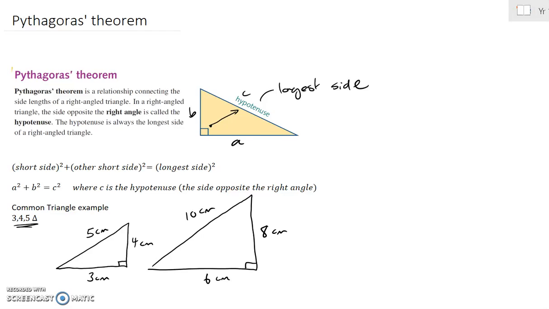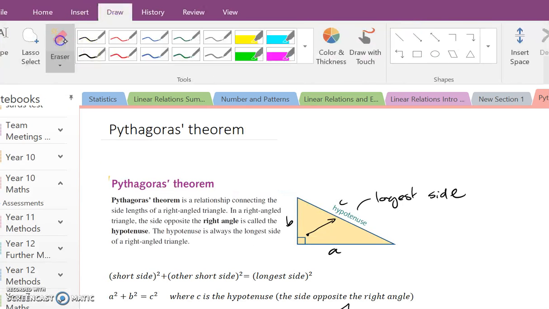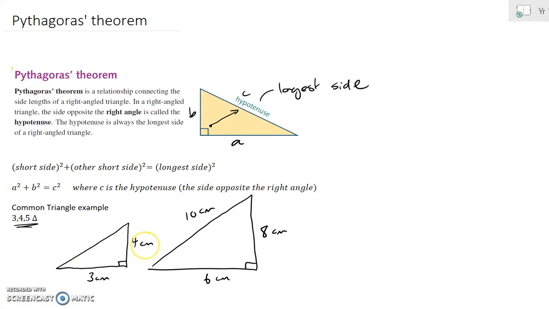So let's just show that it's true. Say you didn't know that 3, 4, 5 triangle thing, but you know it's a right angle triangle, therefore Pythagoras' theorem works. So call one of them A, one of them B, and call the longest side, the one opposite the right angle, C. A squared plus B squared is C squared.